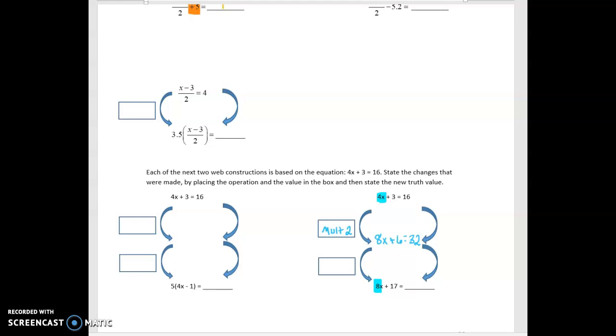Now we figured out what the 8x was, so we've got that part, and now this plus 6 has become a plus 17, so that must mean that we're going to add 11, and when we add 11, instead of this being worth only 32, we've got to add 11 more there, and now our new truth value is going to be 43.